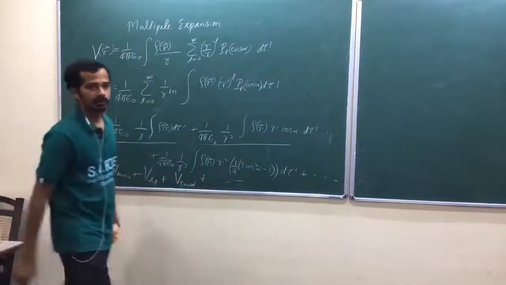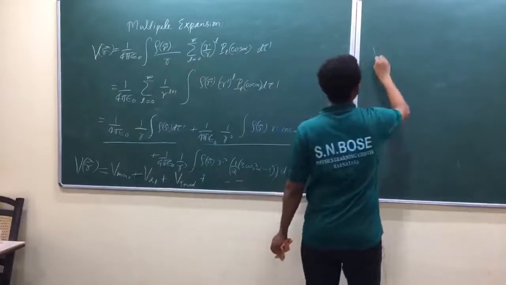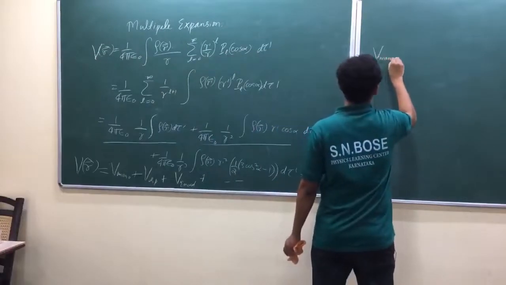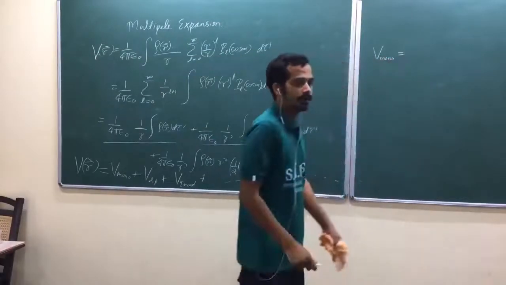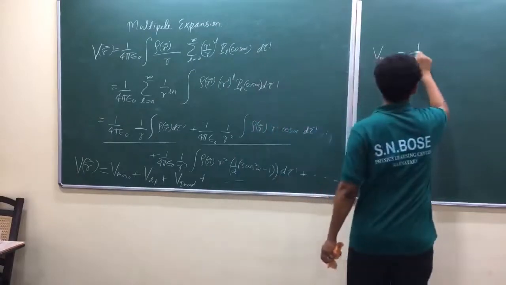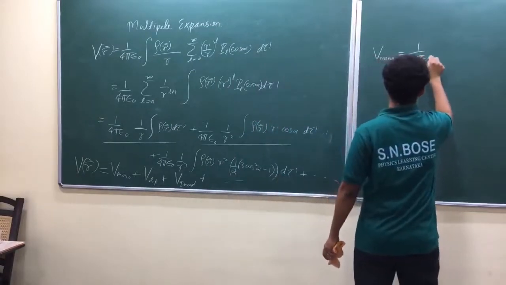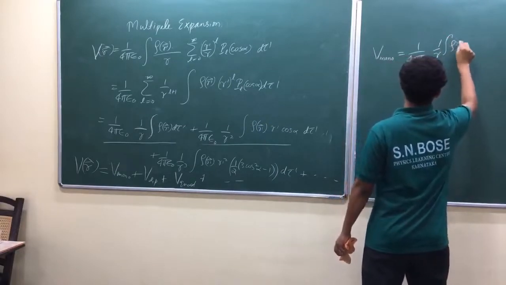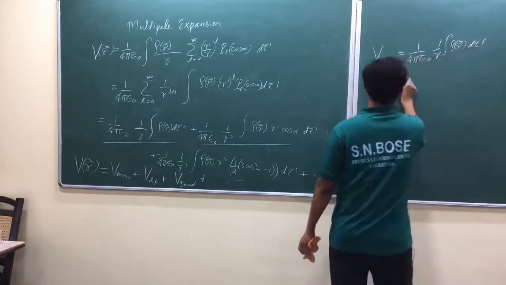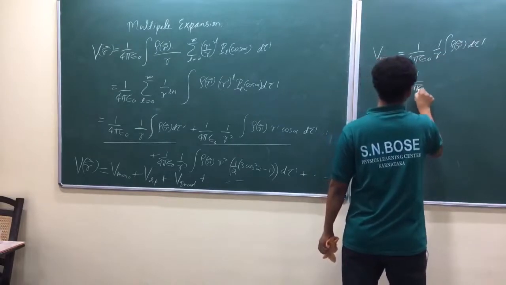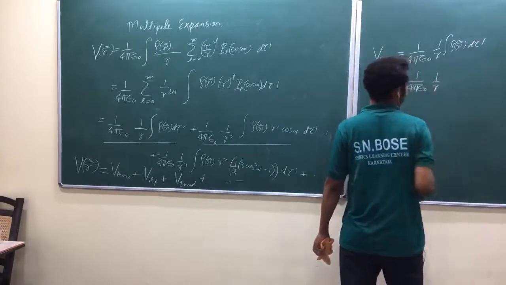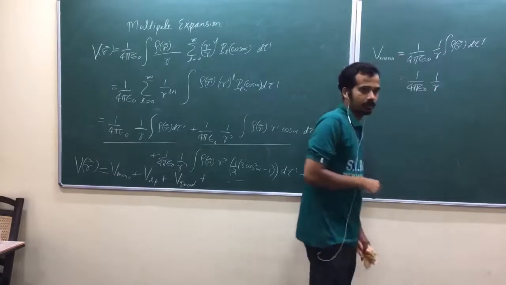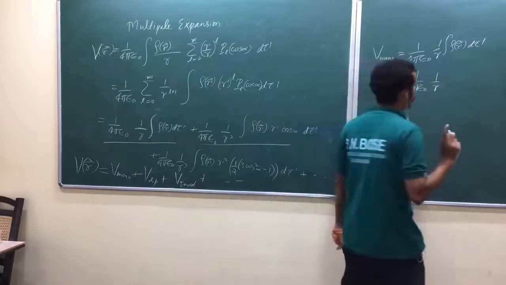Is that okay? If I grab the monopole moment term V mono, so 1 by 4 pi epsilon naught, what is this one? 1 by R integral of rho of R prime d tau prime. Wait a second. What is this R? Distance from the origin. Be careful.